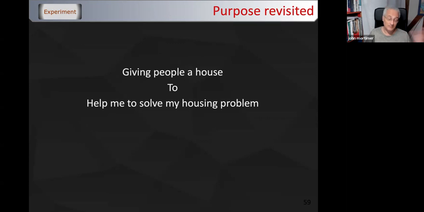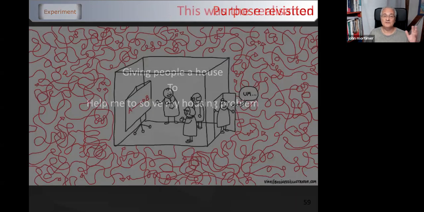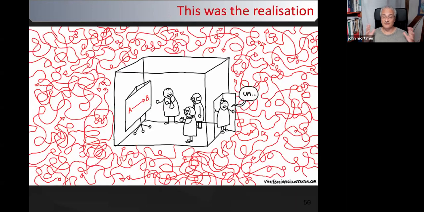Help the citizens to solve their housing problem. So what they'd done is they'd opened the door to their nice confined room about how they thought the world works. They open the door and go, oh shit, the world works very differently to how we think it works. And that was the point at the end of Ivy that they looked at me and said, no, John, don't tell me we're not going to start doing everybody like this, are we?